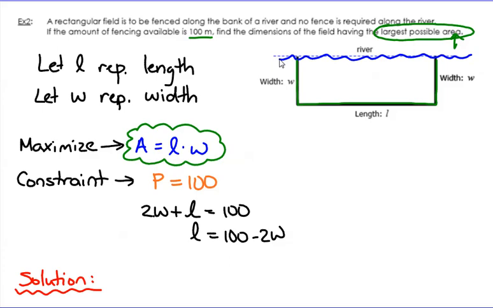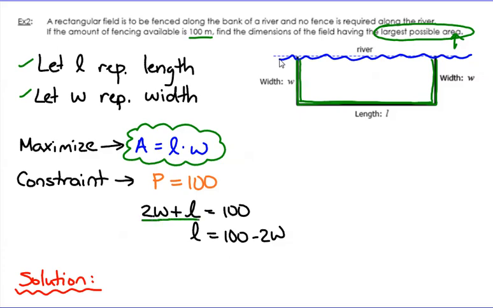Okay, so we're talking about a rectangle, so the area is length times width. We have our diagram, we have our let statements, and then the constraint. I can't take the derivative of my area right now. There's too many letters, A, L, and W. So by using the constraint, which they said one W and another W, so two W's, and one length must be 100 meters.